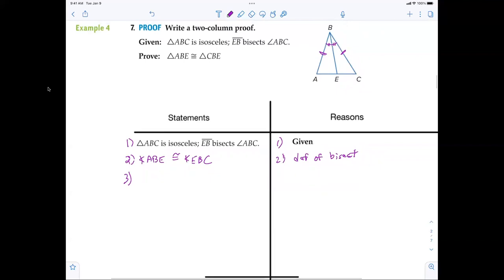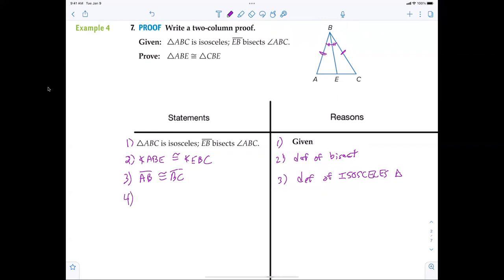We wouldn't know what side is congruent unless they tell us, right? But AB is definitely congruent to BC, and I would say that's the definition of isosceles triangle.